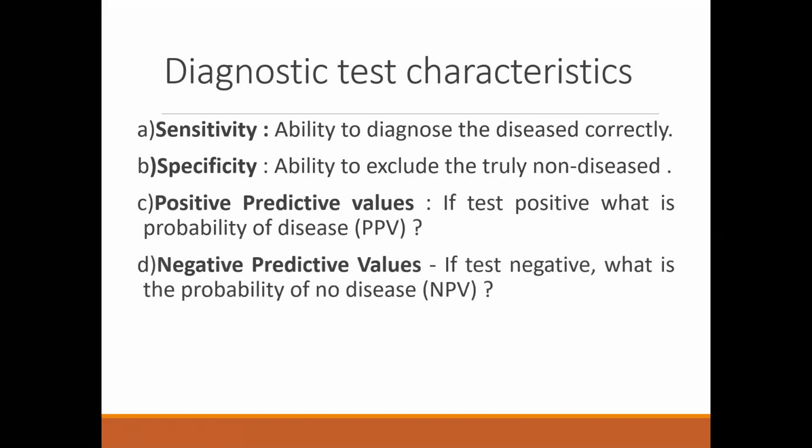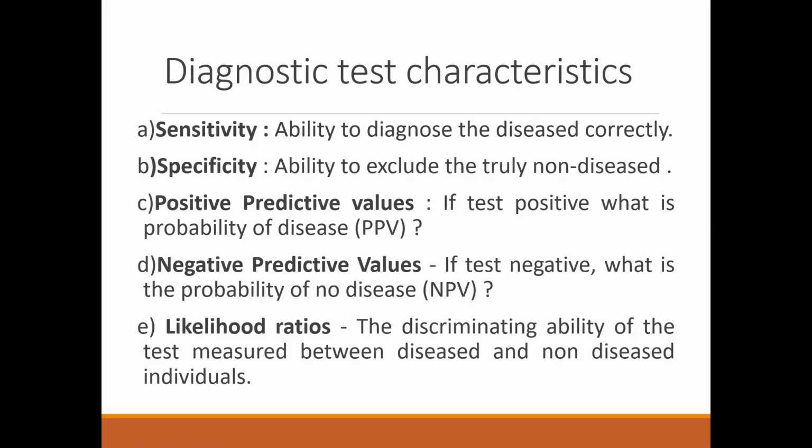Then there's negative predictive value. That is the probability that a person who tests negative is truly disease free. That is negative predictive value. Then there are likelihood ratios. Likelihood ratios are used for calculating the discriminating ability of the test, between diseased and non-diseased individuals.